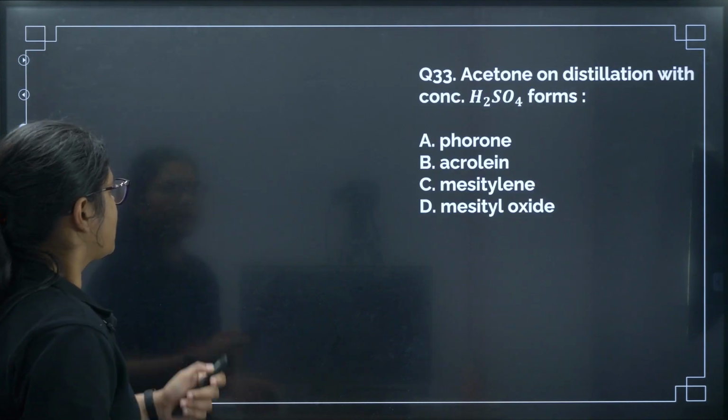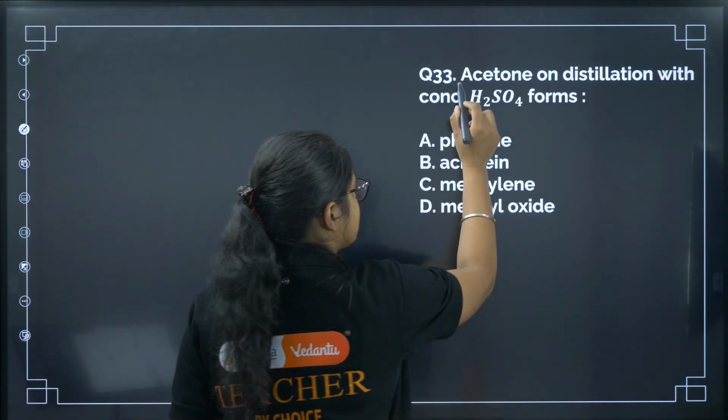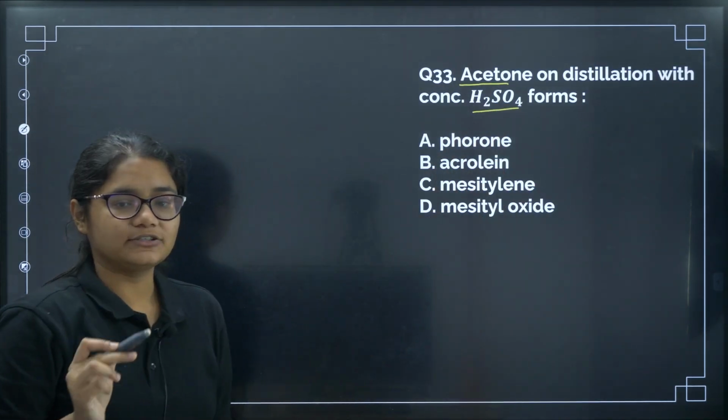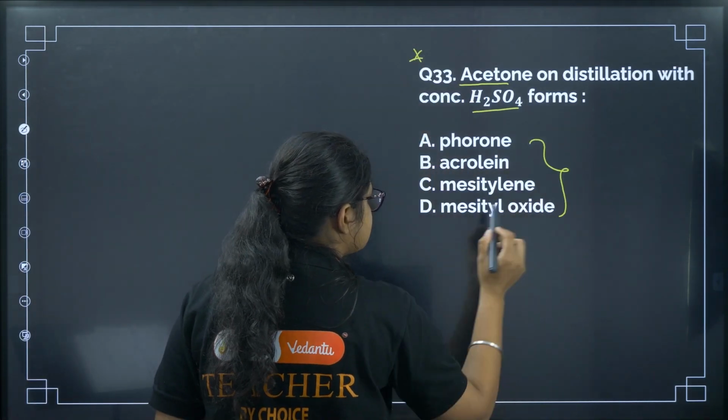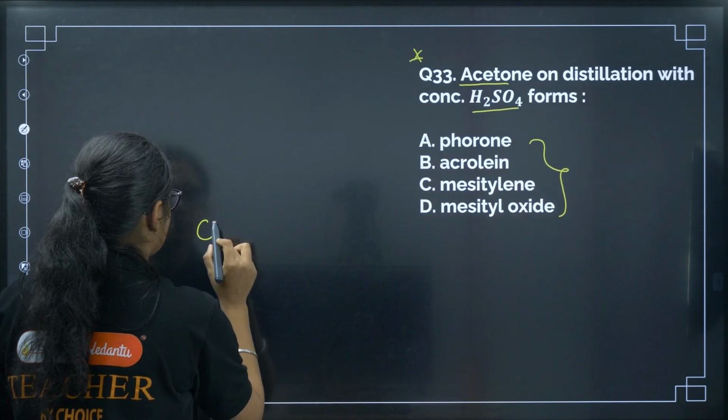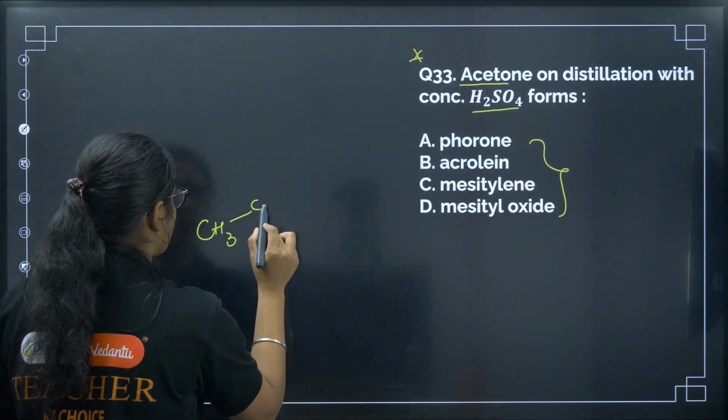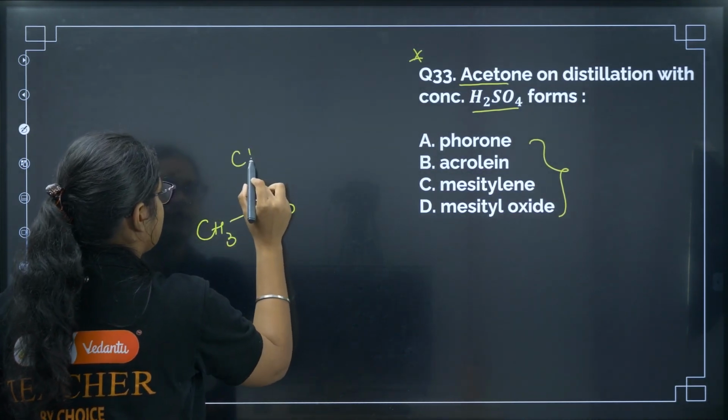Okay, now coming to the next question, acetone on distillation with concentrated H2SO4. This reaction might not be known to everyone, and here the common names are given. If you know, concentrated H2SO4 is a very strong dehydrating agent.